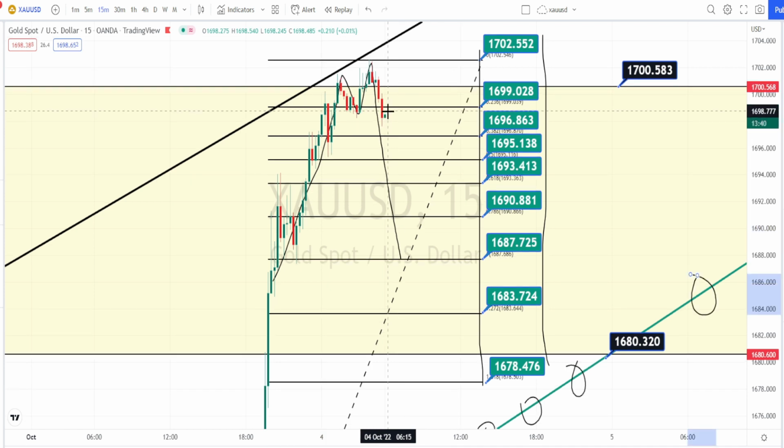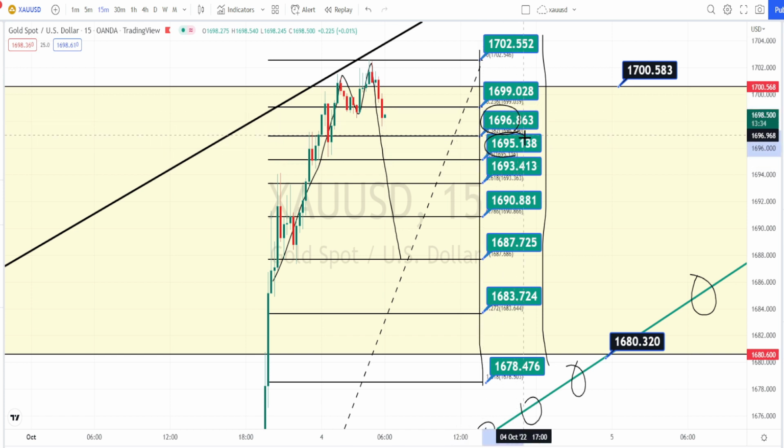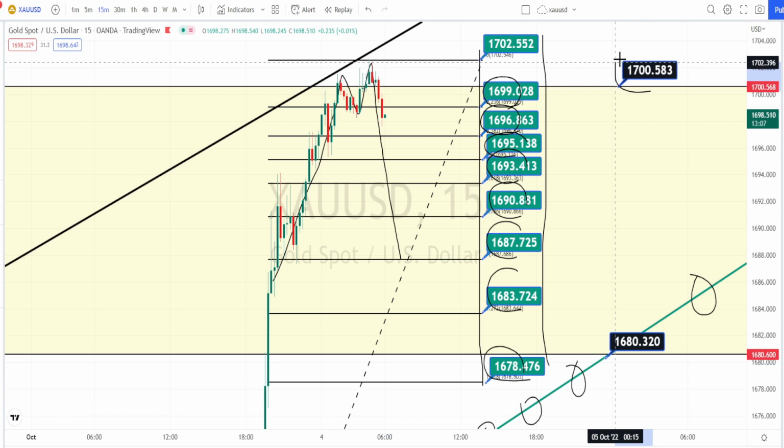And if the bearish trend continues, next level of support is going to be around 1696, 1695, 1693, 1690, 1687, 1683, 1678. And if the price action breaks this resistance level of 1699, next level of resistance from the higher time frame is going to be around 1700 and 1702 from the 5 minutes time frame.